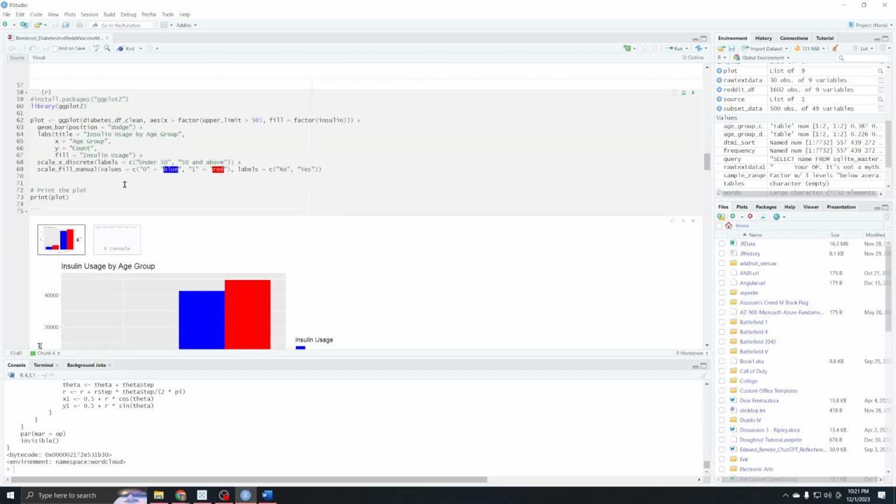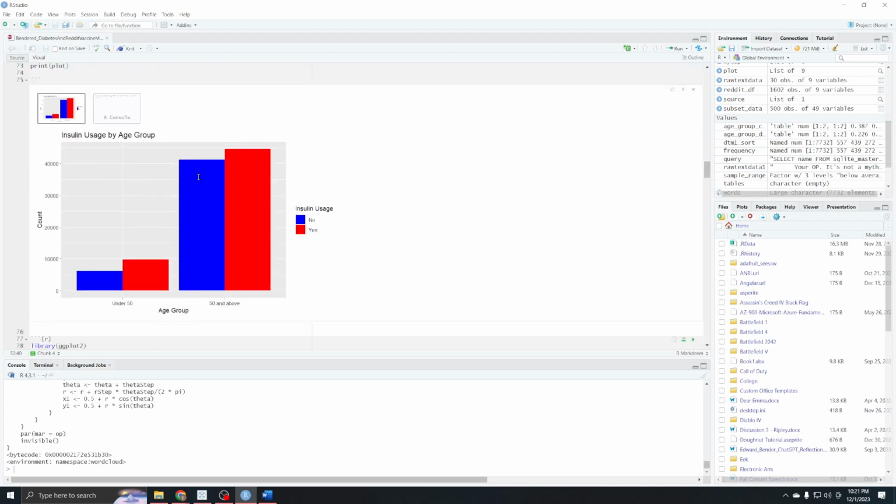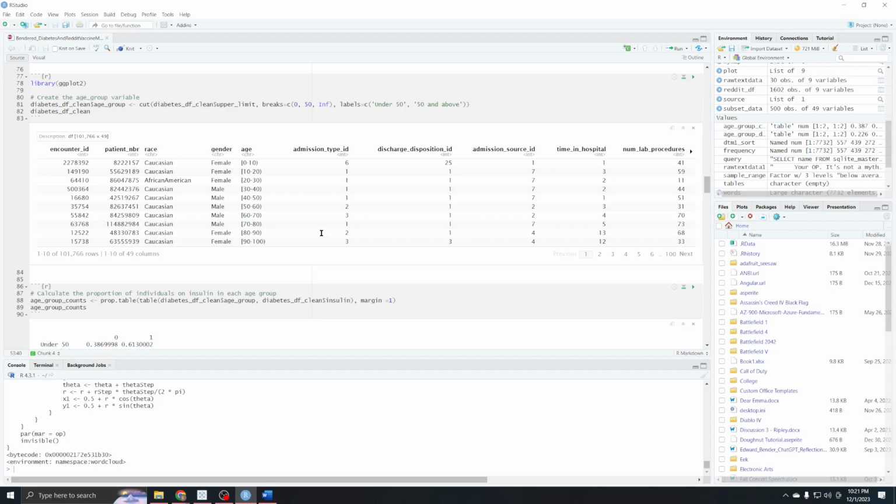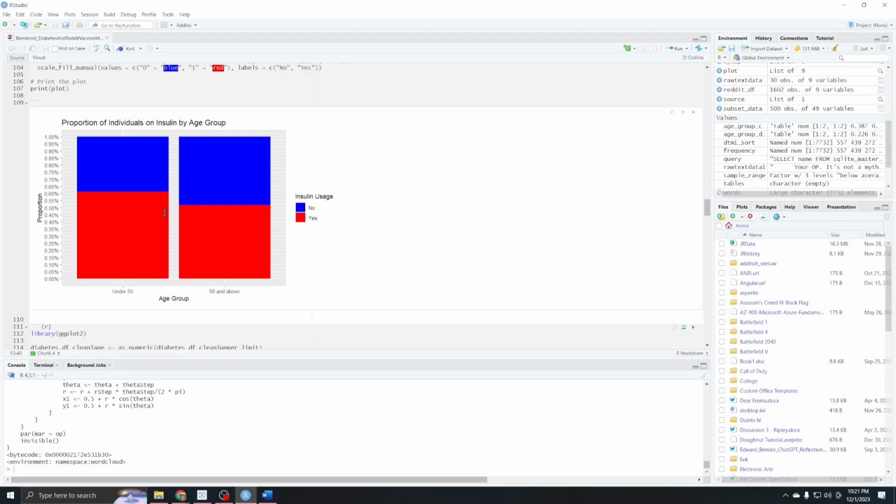Scroll down here, and then we plot it out, and we see that actually this isn't the best plot because the number of people under the age of 50 total is vastly outnumbered by the amount of people above the age of 50. So, in order to counteract that, I went ahead and created a proportion.